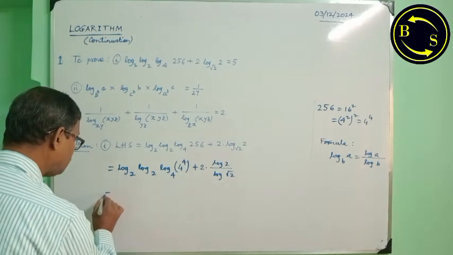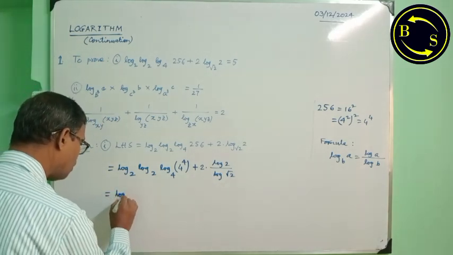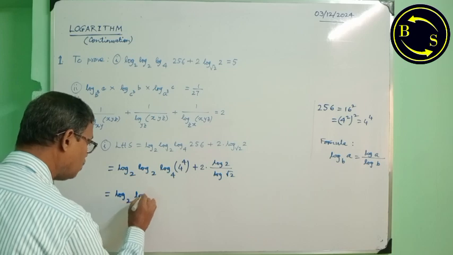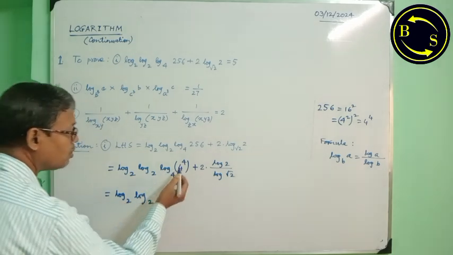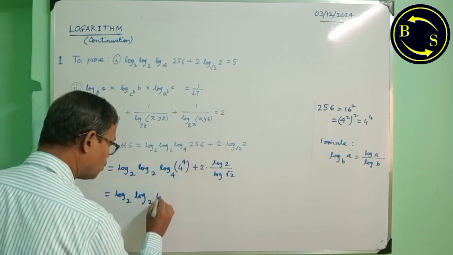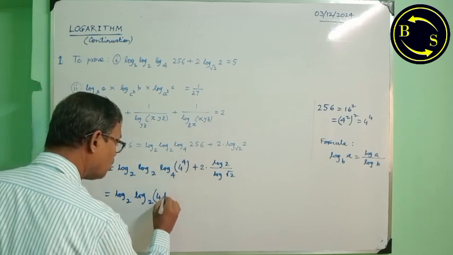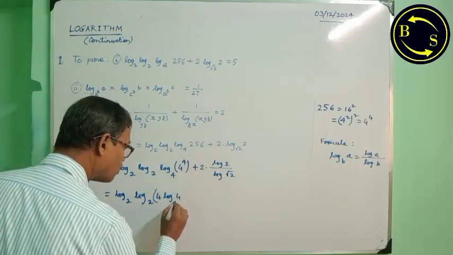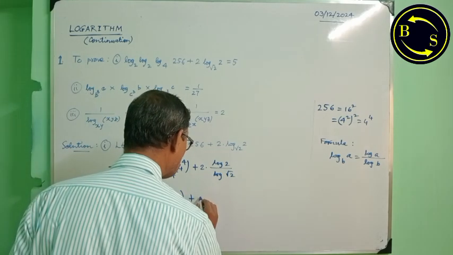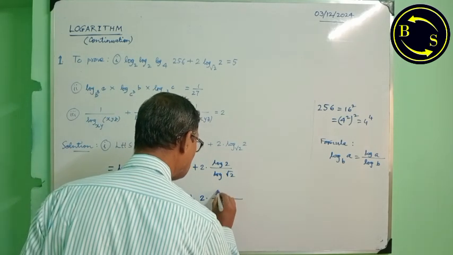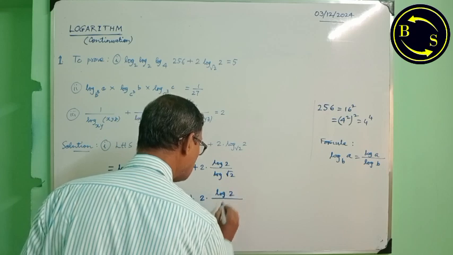Then log base 2, log base 2. Now log power form, 4 log of 4 to the base 4 plus 2 into log 2.